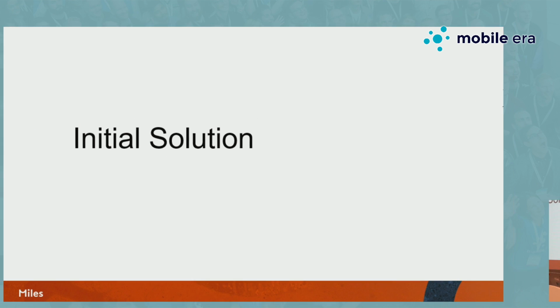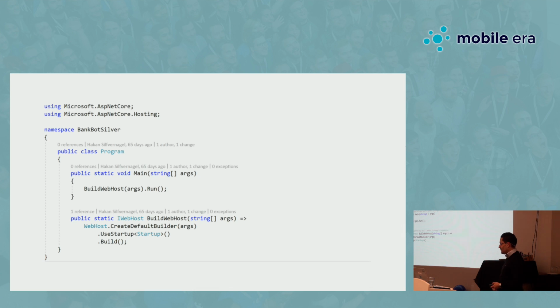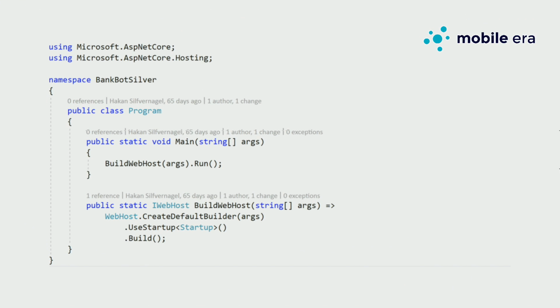But now with the initial solution, we will see what we get just out of the box when we do a File > New project with this new template. We get a regular ASP.NET Core application, building up our web host just as we usually do, and we have a startup class.